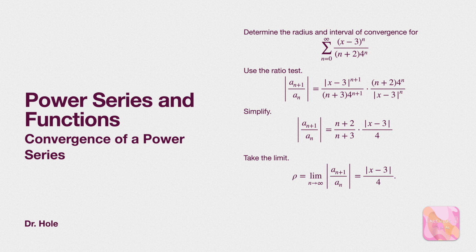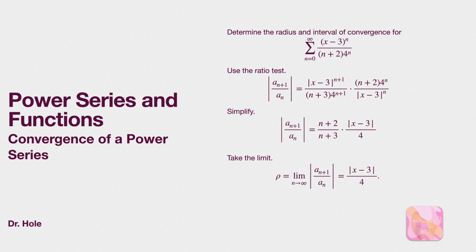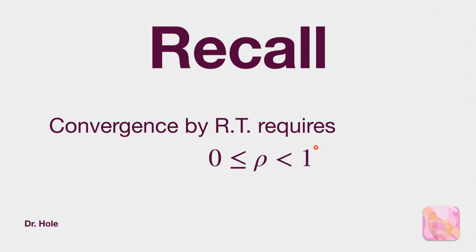So in the previous 2 examples, rho had 0 dependence on x, and it led to a straightforward evaluation. Here, rho does depend on x. Let's go back and recall that to obtain convergence by the ratio test, rho needs to be strictly less than 1.